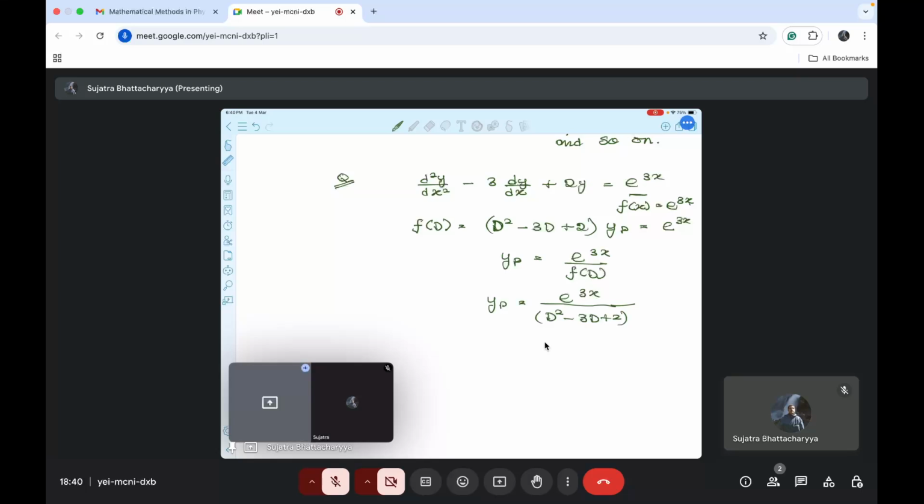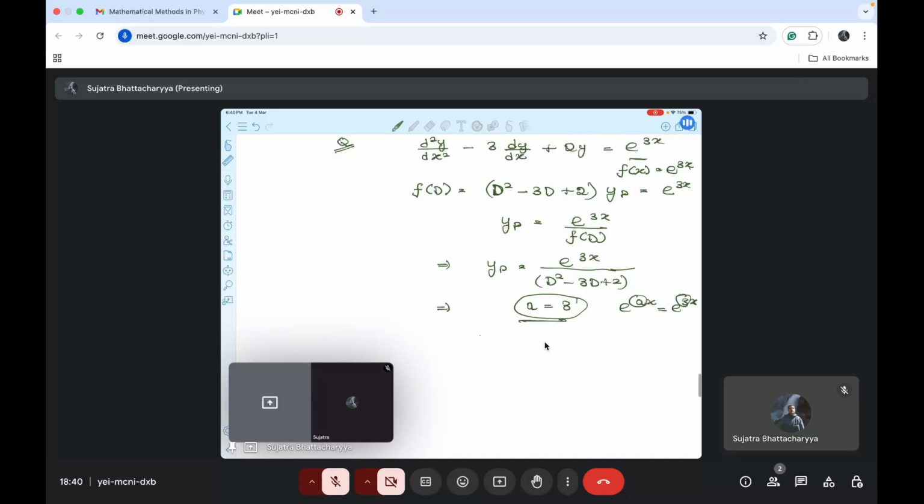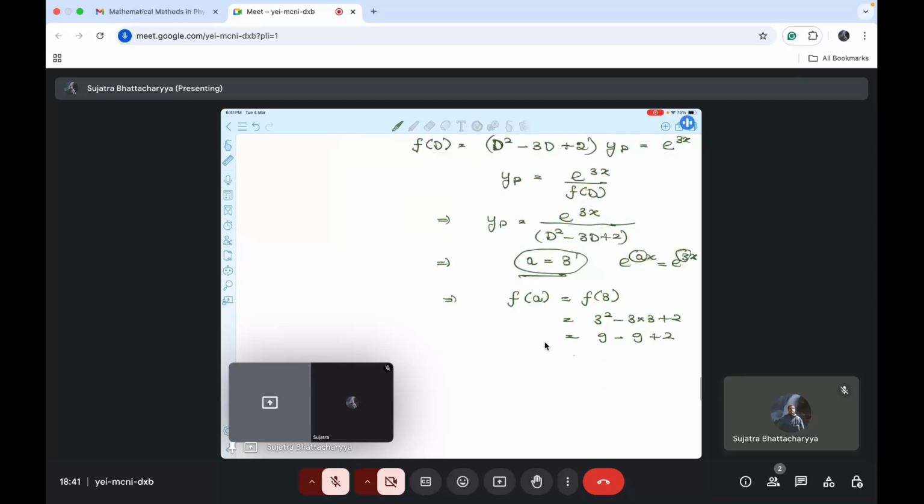Now, your a is equal to 3, because e to the power ax is equal to e to the power 3x. What I require is f of a. So what is f of a? f of 3 is 3 square minus 3 times 3 plus 2. So 3 square is 9, minus 9, plus 2. So f of a is 2.